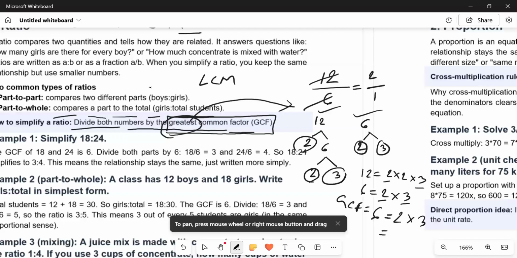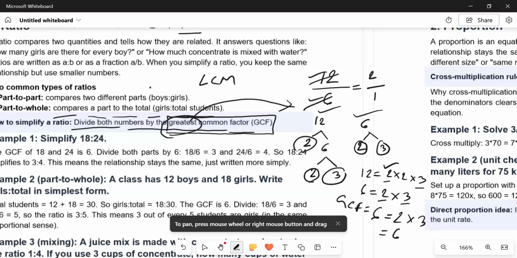So I get 6. The greatest term comes because 2 can be used to divide 12 and 6. Try to get my point. We can divide 12 and 6, both of the numbers, with 2.